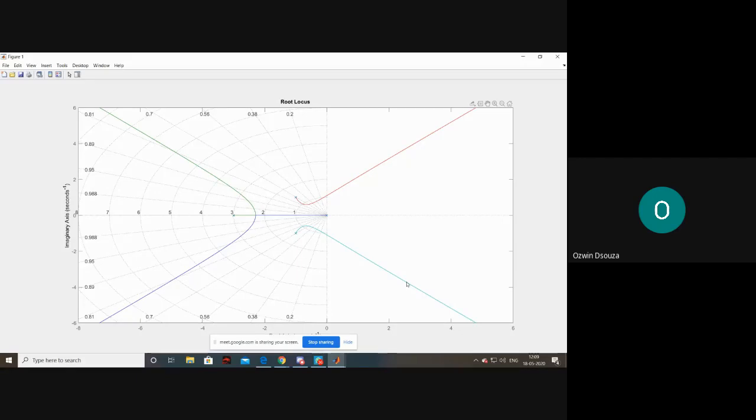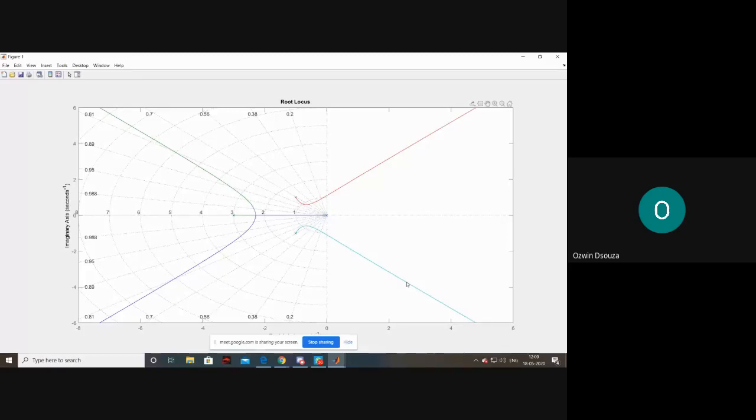So for stability, the range of k should be greater than 0 but less than k marginal. For a critically or marginally stable system, k should be at the k marginal value. And for an unstable system, k should be out of that range, that is, greater than 8.16.